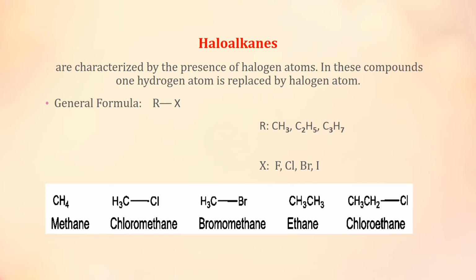In the same way, when a hydrogen is replaced by a bromine atom, it will be bromomethane. The second example is ethane, and when one hydrogen atom of ethane is replaced by a chlorine atom, the compound formed is chloroethane. So chloroethane, chloromethane, or bromomethane, these are the haloalkanes.